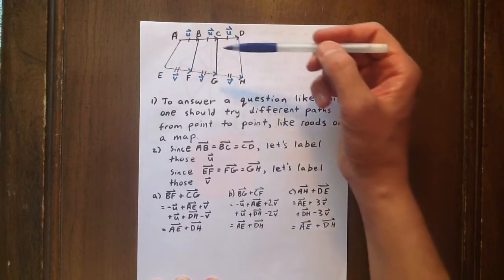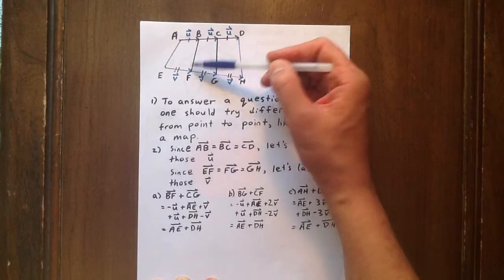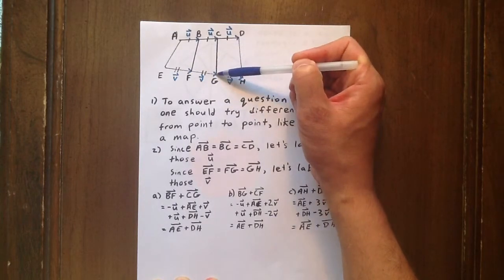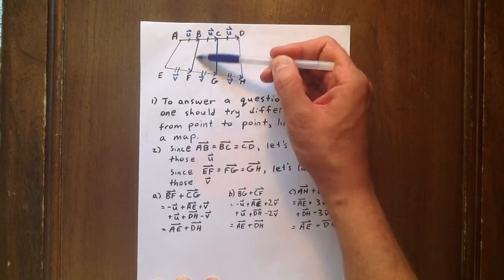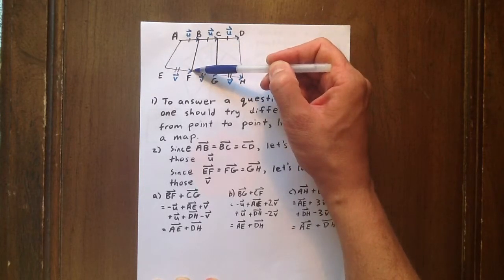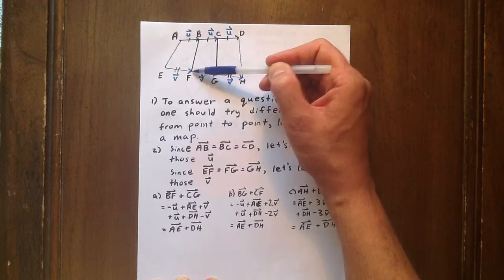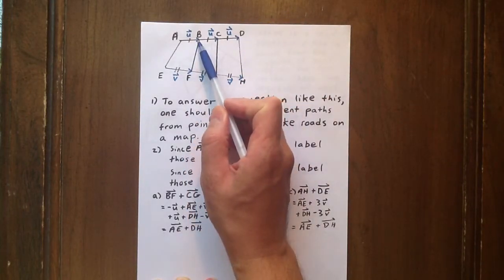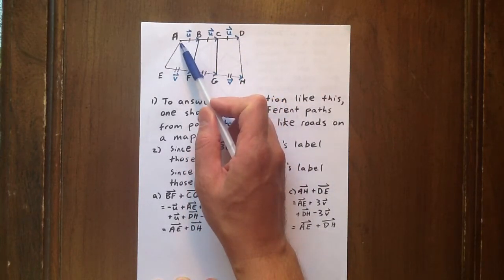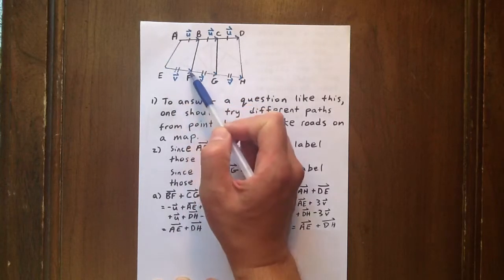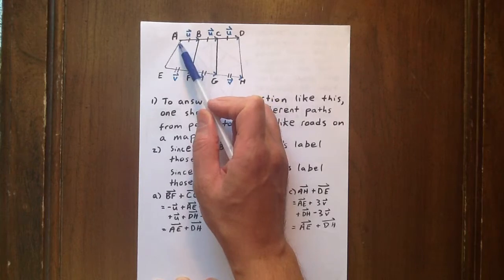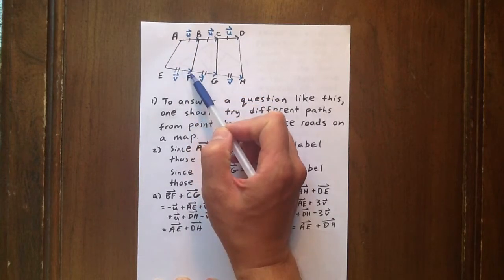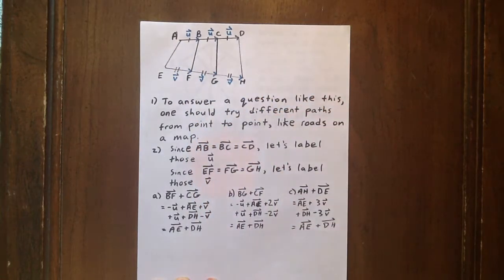Well, let's look at BF plus CG, and let's see if we can take a different path from B to F than just a direct route. Well, one thing we can do to go from B to F is to say go from B to A, and then from A to E, and then from E to F. So BF definitely equals BA plus AE plus EF, kind of like taking the scenic route, driving from one place to another.